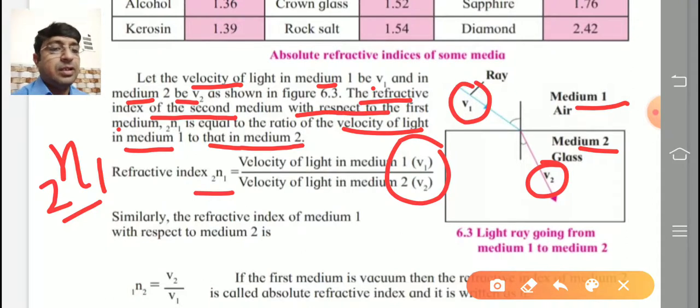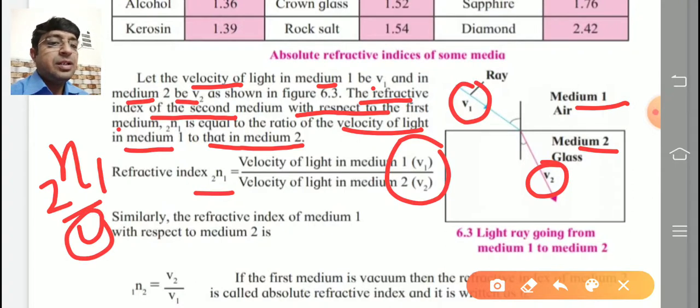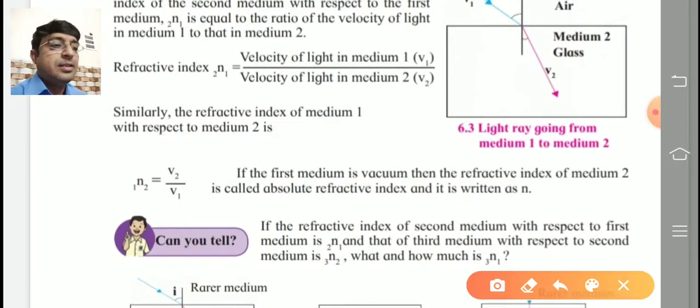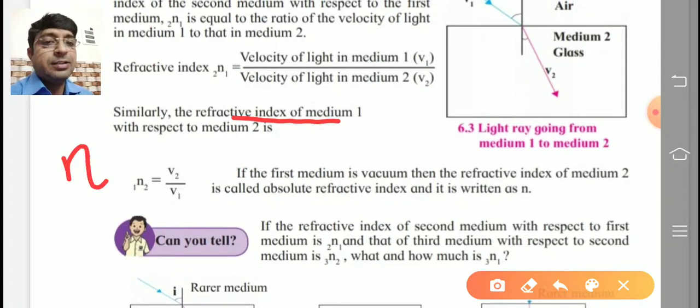So that is a formula. One more formula. Similarly, the second one: refractive index of medium 1 with respect to medium 2. So what is the with respect to? Second medium.